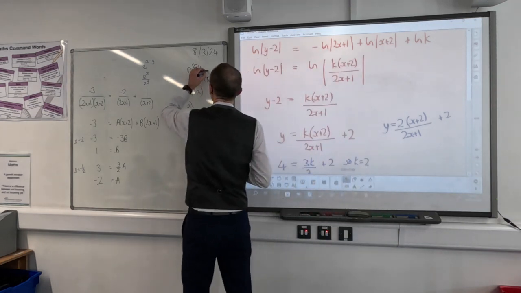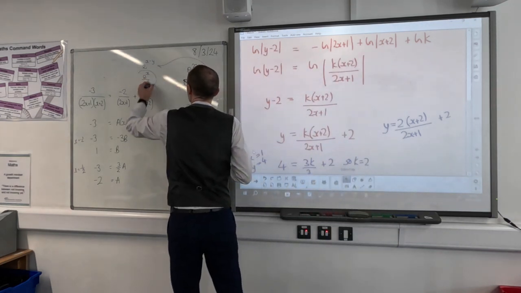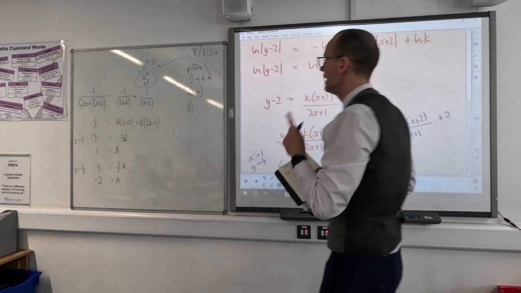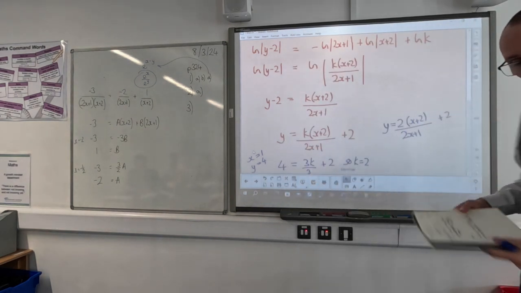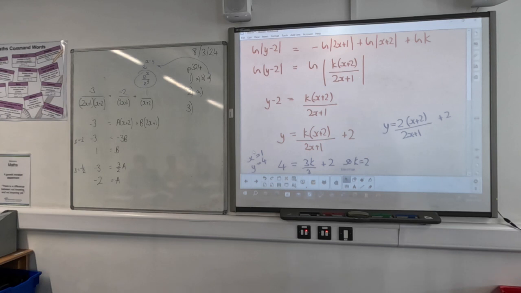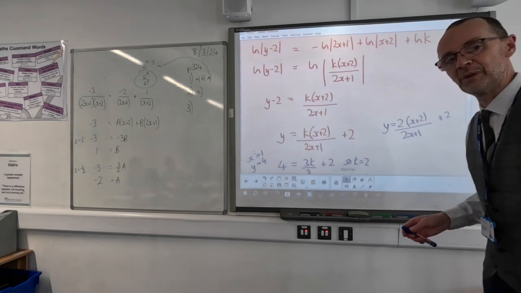So I think when you get to D, it makes it a bit easier to write it like that. Have a go. And if those of you at home can at least have a go at number 1, A, B and D, that would be just peachy ahead of Monday.